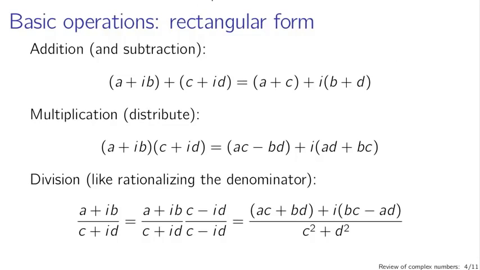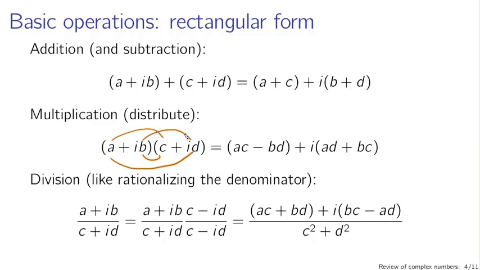Multiplication is a little bit more complicated. You have to distribute, and you distribute in the usual sort of draw-a-smiley-face kind of way. a times c and b times d are going to end up together in the real part. The reason for that is, a and c both being real numbers, a times c will be real.